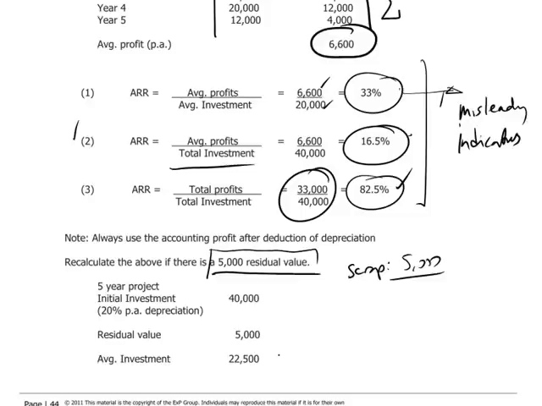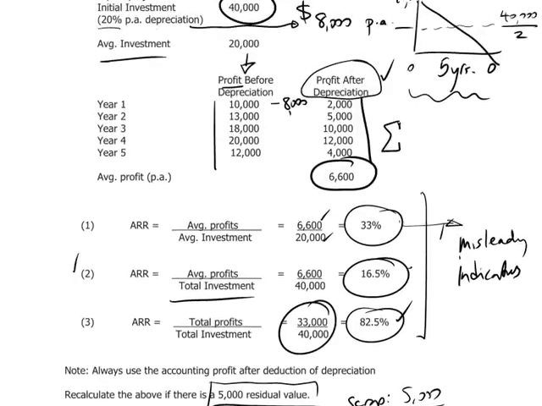Can the candidate think about this: why is the average investment now $22,500 instead of $20,000?